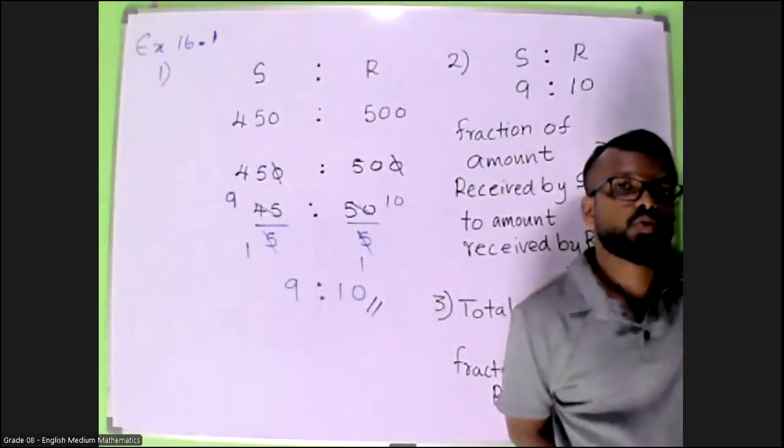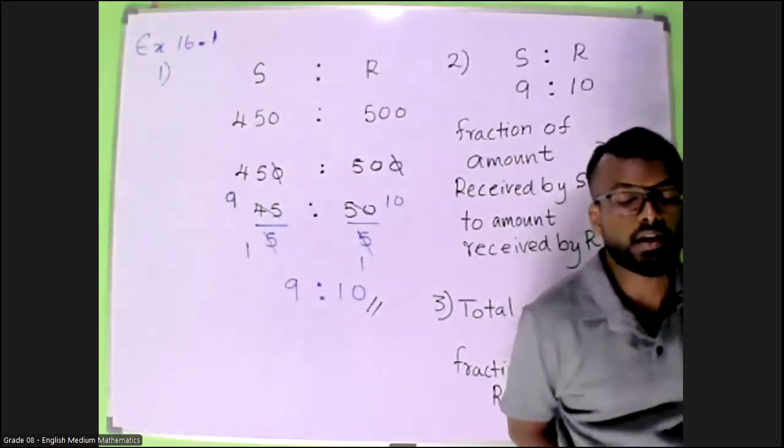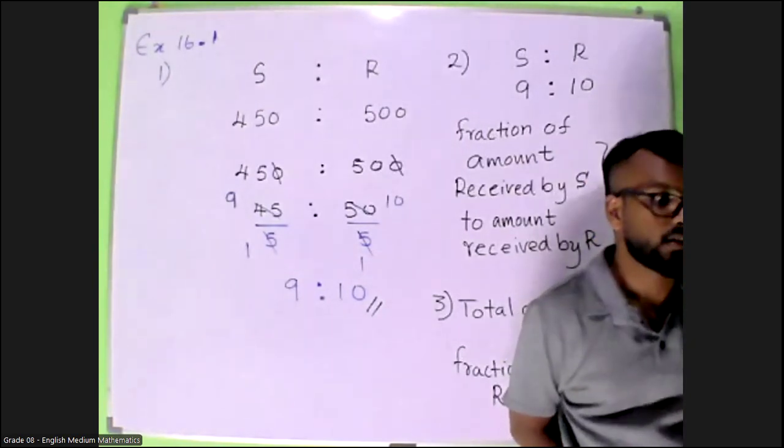So A should come to the numerator, shares of A divided by shares of B. That is how you are going to find the fraction.